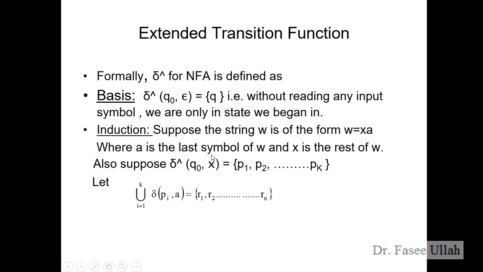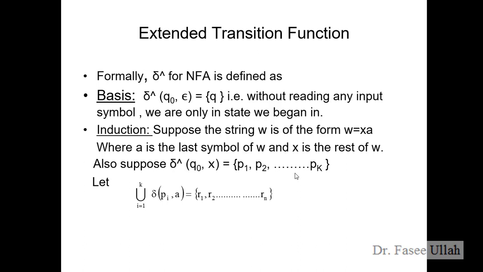So it could be in any format. Then we have equal to Q1, Q2, Q3. These are actually the different transition values of X. That's why it is represented like this, right?